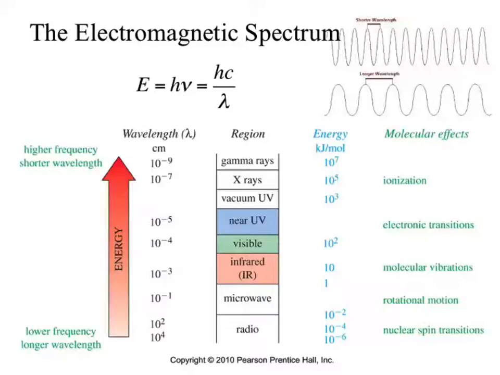It just kind of sits there and wiggles. Okay? Rotational motions and nuclear spin transitions are what are being manipulated when we look at NMR. Okay? So it's not so much that you need to quantify these, just have a general concept of what your electromagnetic spectrum is, and we are then using different pieces of it for our different forms of spectroscopy.